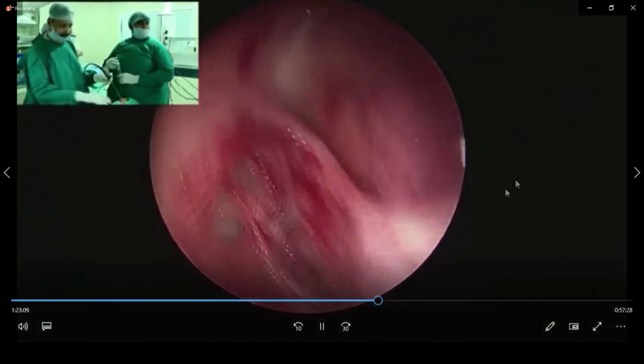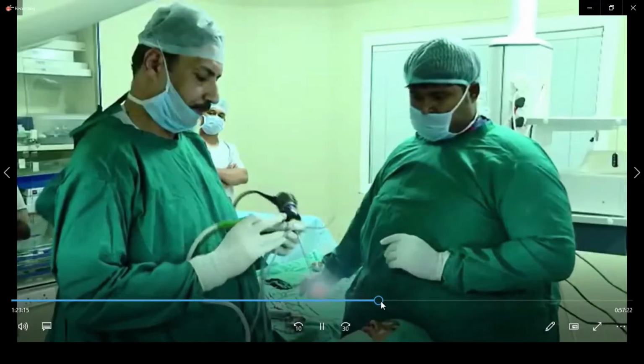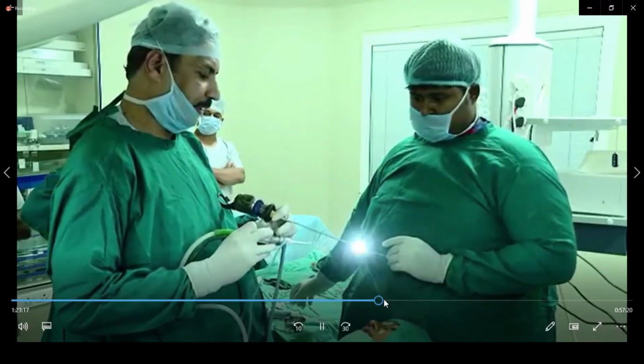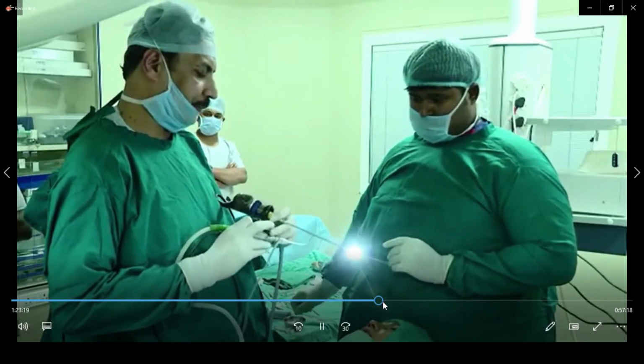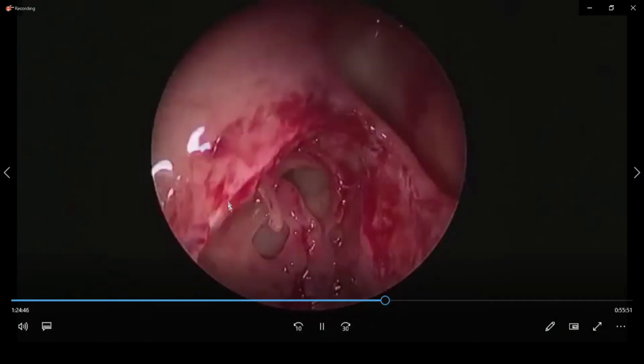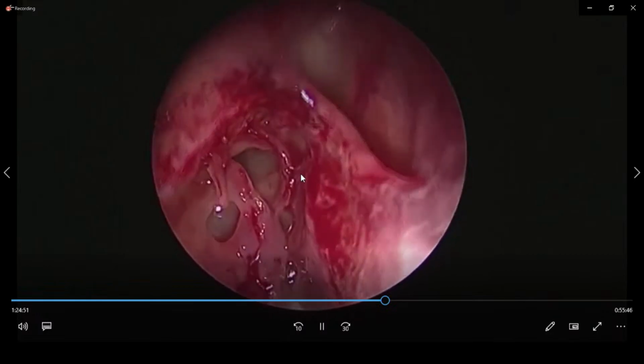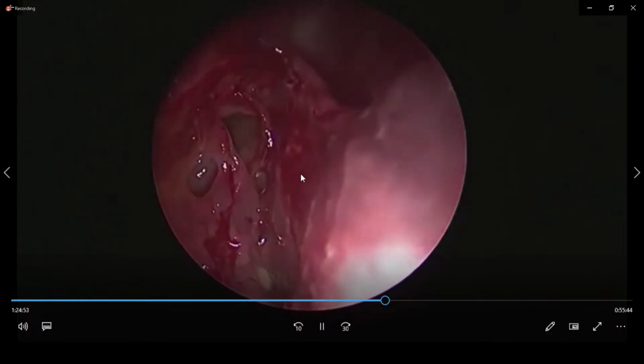See this, sorry. See this? We remove this lamella and reach into the area of the frontal outflow. This is very interesting. See this area of the frontal outflow? Is it visible? Yes. So, it looks like frontal sinus.